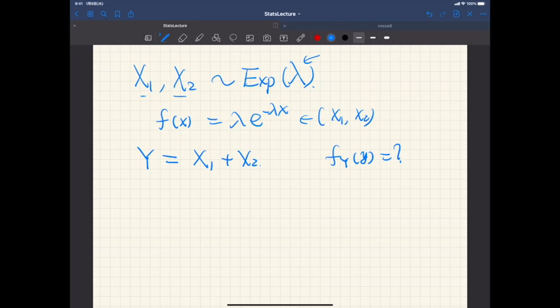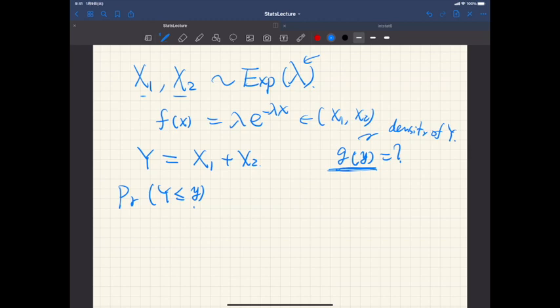Let's write the density function of y as g. So what is this function? To answer this question, let's calculate this probability. Here small y is a constant.